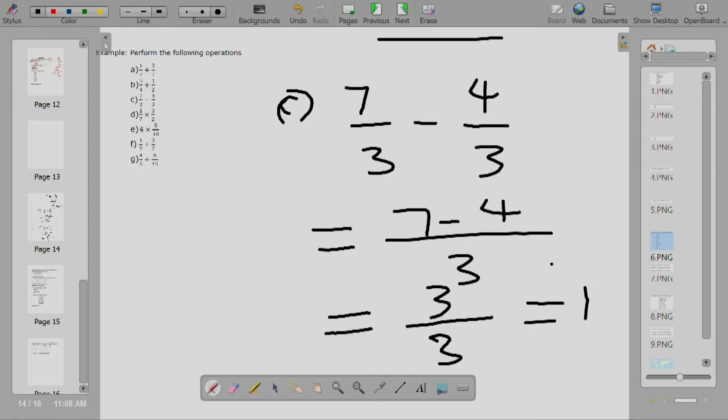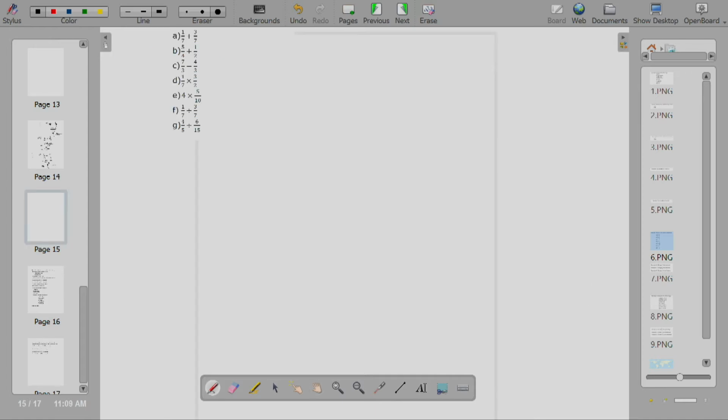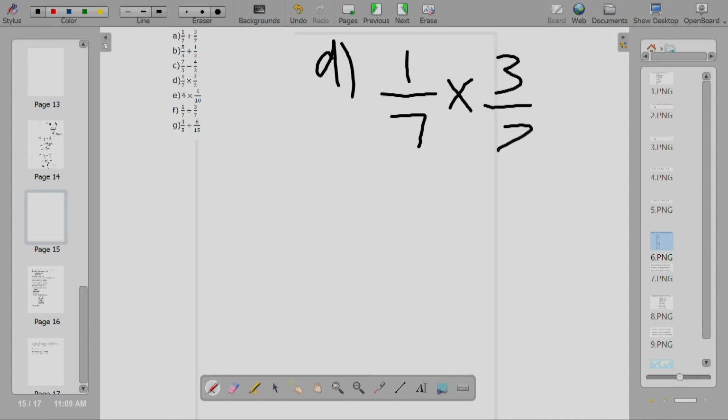Let's move to Roman D, where we are required to multiply 1 over 7 by 3 over 2.